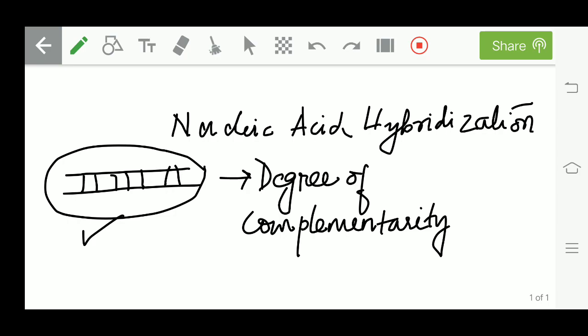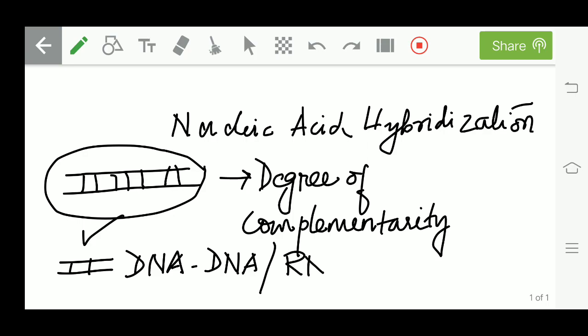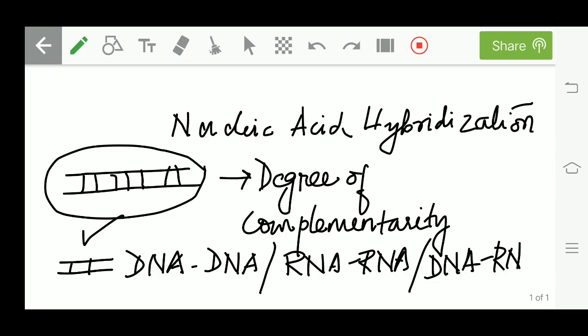Nucleic acid hybridization can produce hybrids of DNA-DNA, RNA-RNA, or a heterohybrid, that is a DNA-RNA hybrid.